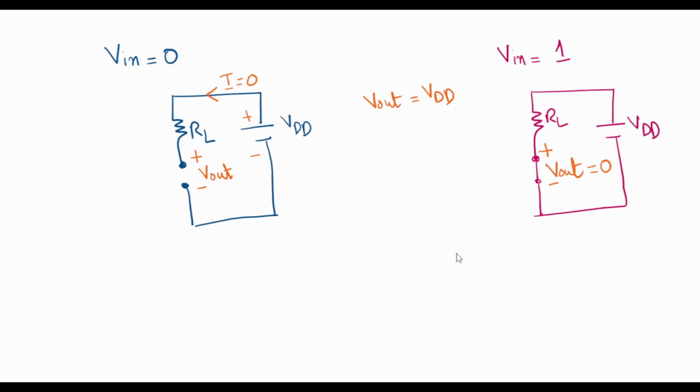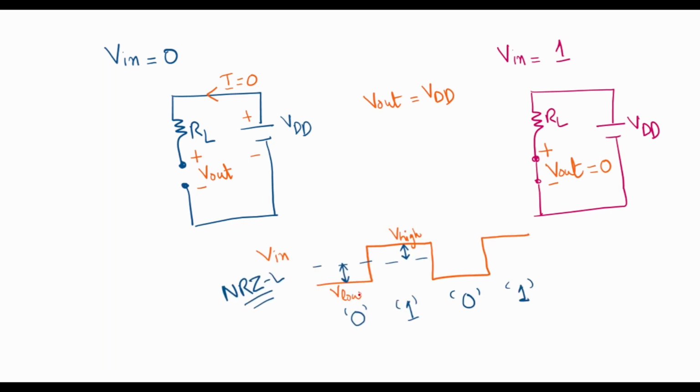So let's see what the output signal looks like in comparison with the input signal. This is the input signal which we just saw in the previous slide. Now let's plot the output signal Vout just below it. As long as the input signal is low or a digital 0, the output is equal to VDD.